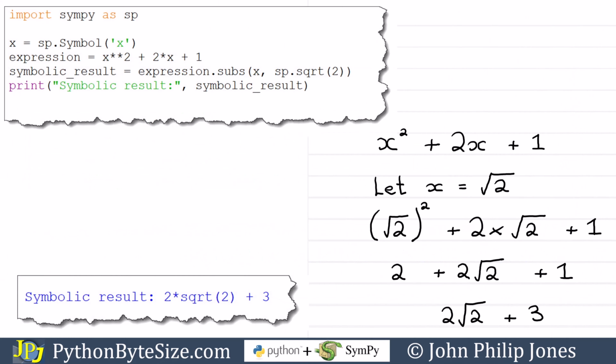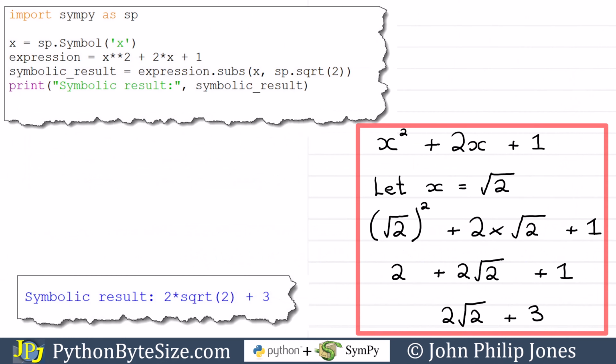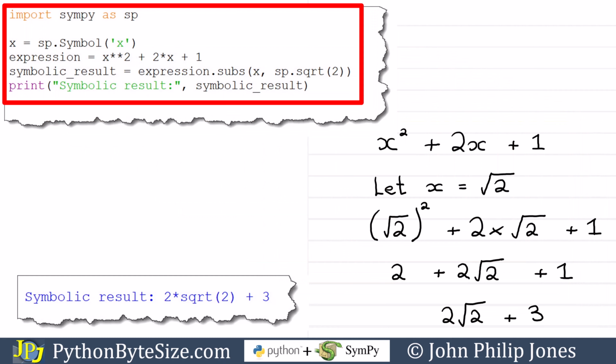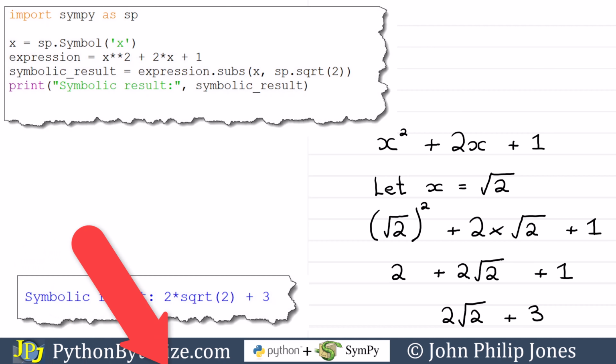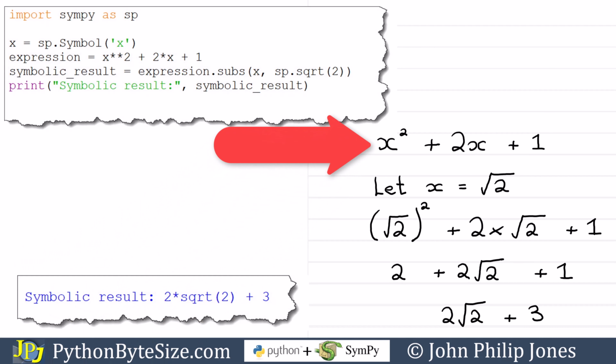On this slide, you can see the original maths that I looked at the beginning of the video, the computer program that I produced to mimic the mathematics that I did, and here the result of the runtime from the computer program. Let's compare them. Here you can see my original expression, x squared plus 2x plus 1.